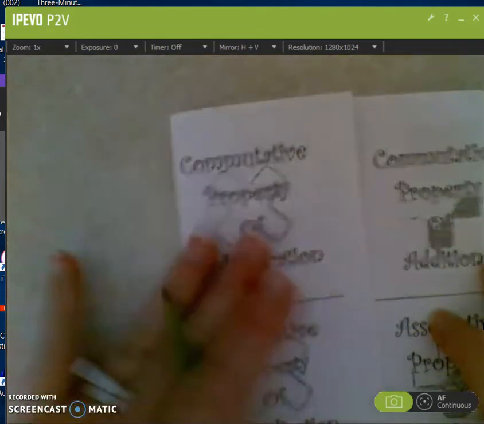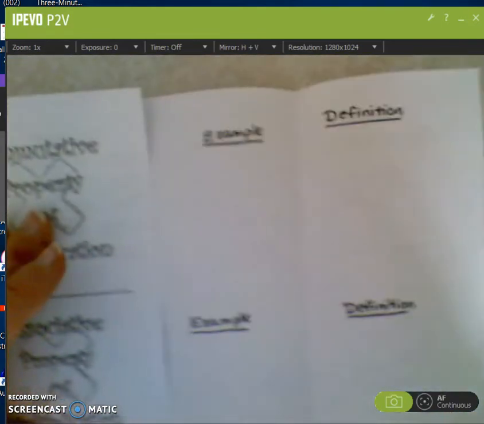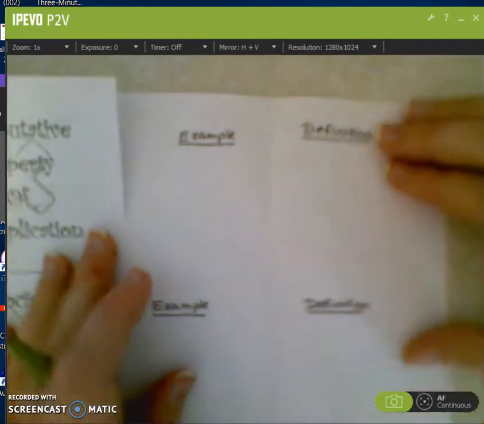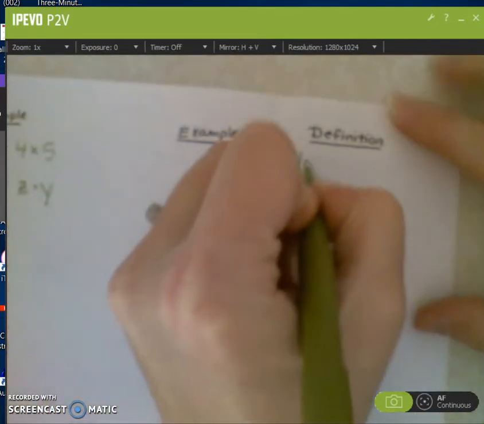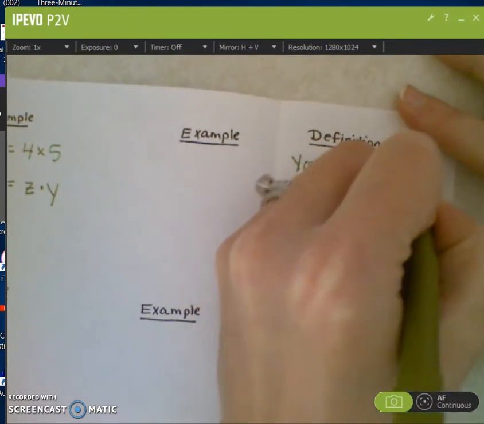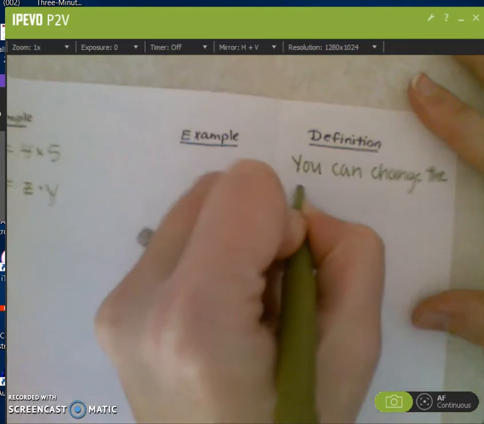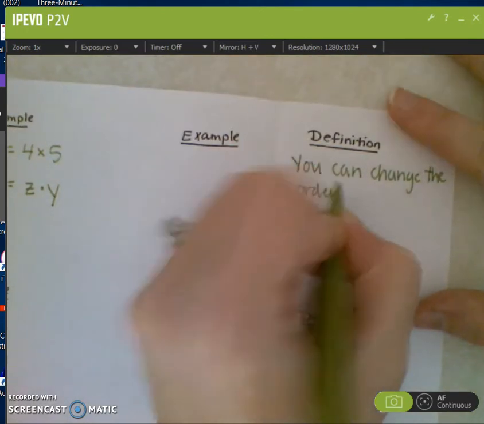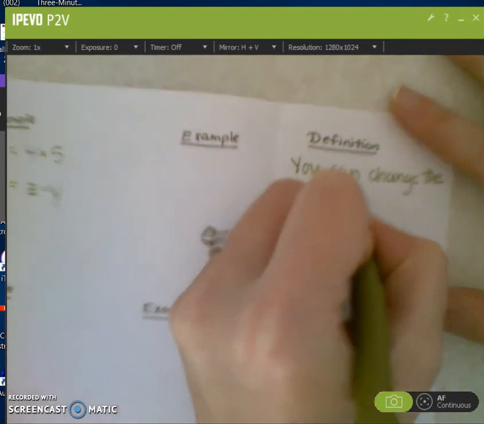We've also got the commutative property of addition on the other side here. And the definition here is you can change the order of adding and still get the same number.